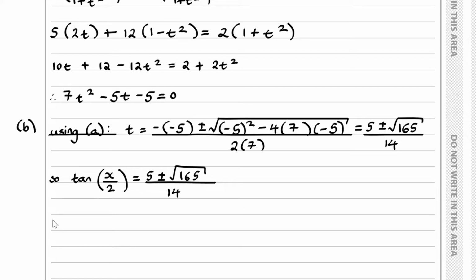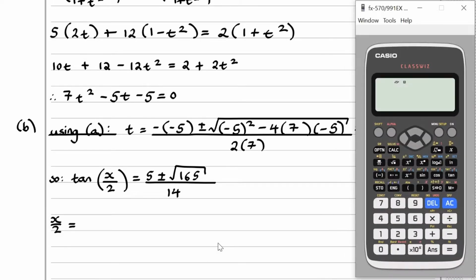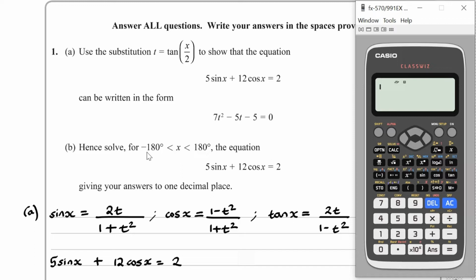Okay, so x upon 2, we can find out what this is, and what we see over here is nothing more complicated than regular A-level maths. Now, first of all, we need to make sure that we're in degrees, because remember, we need to solve x in between these values. So let's change the angle unit on my calculator quickly.